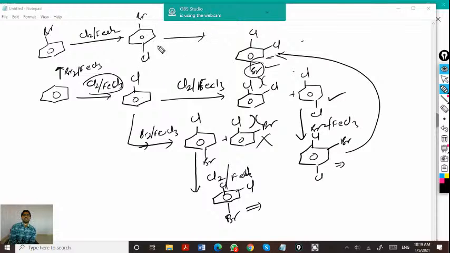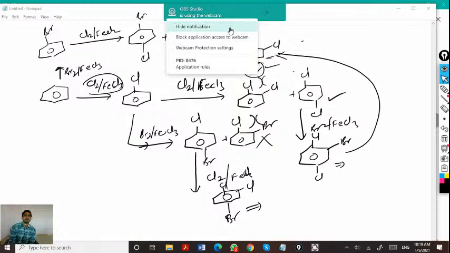Ortho will also be possible, but it is sterically crowded. Even if ortho is also formed, you can use both the products.